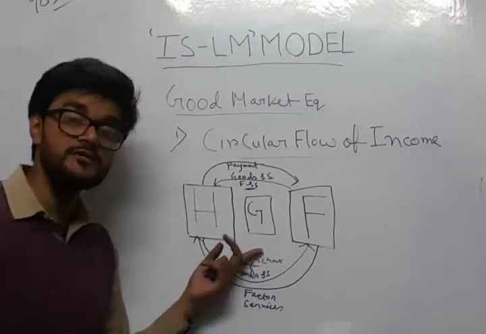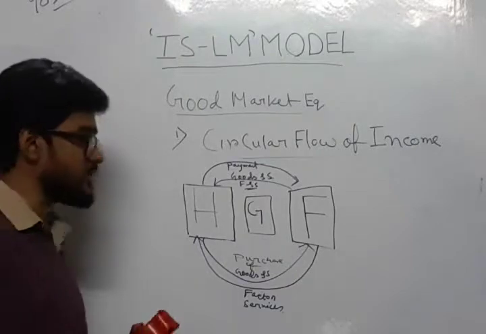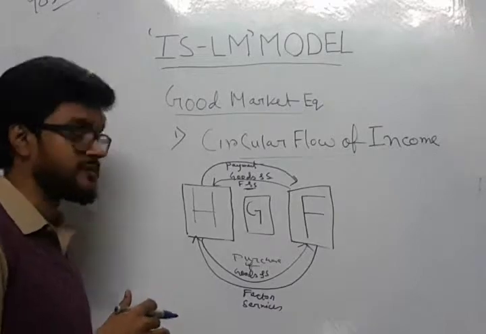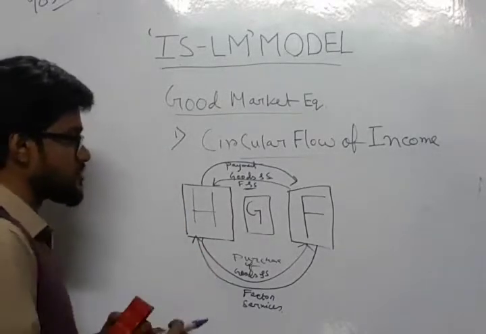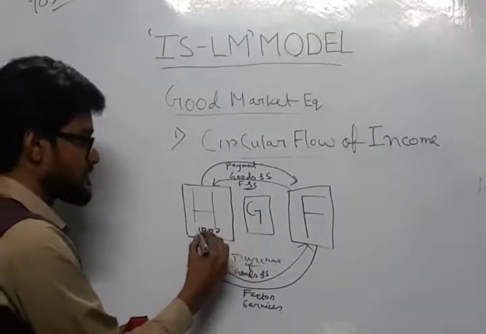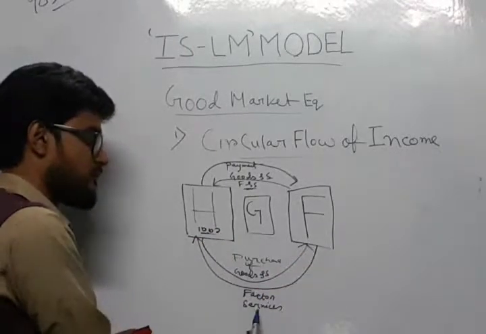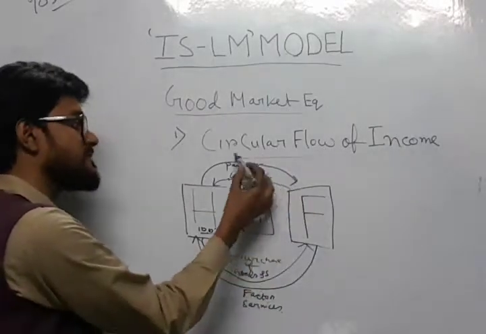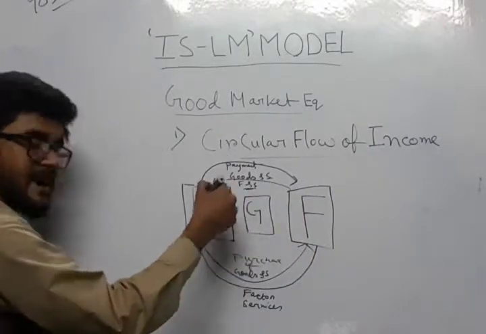Now, how can we incorporate this term G into our model? So here, if we consider the earlier example that we took, that the economy has only 1000 rupees, then you can assume that the household has 1000 rupees, and this 1000 rupees he is paying to the firm for purchase of goods and services, and again the firm is making payment for factor services, and the 1000 rupees is getting back to the household.